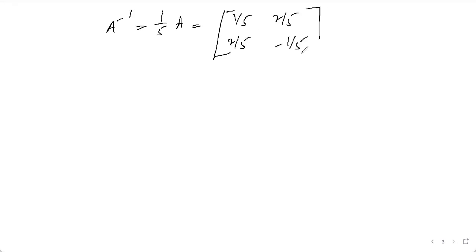So A inverse is 1 by 5 A, which is equal to 1 by 5, 2 by 5, and 2 by 5, minus 1 by 5. So hence we found what A inverse is also.